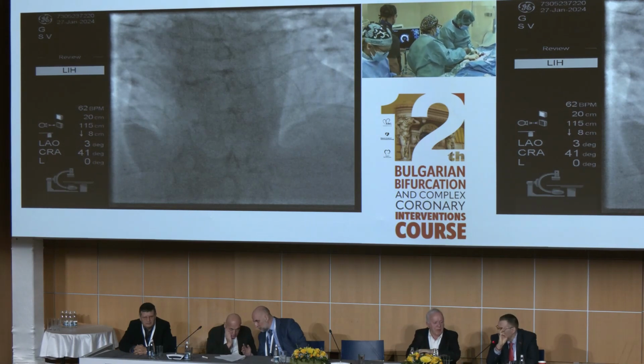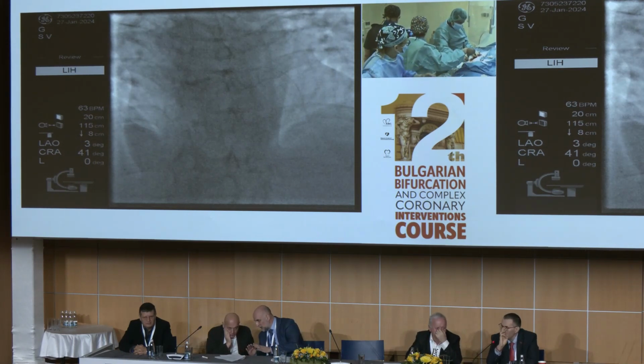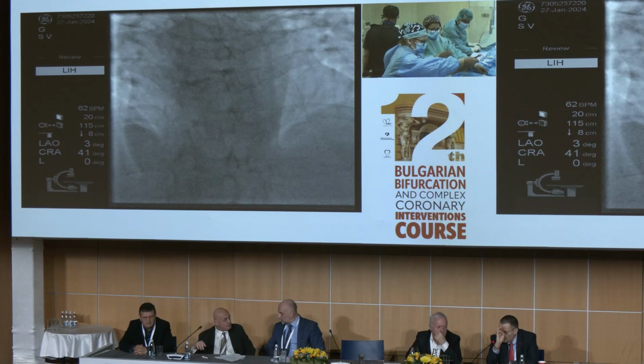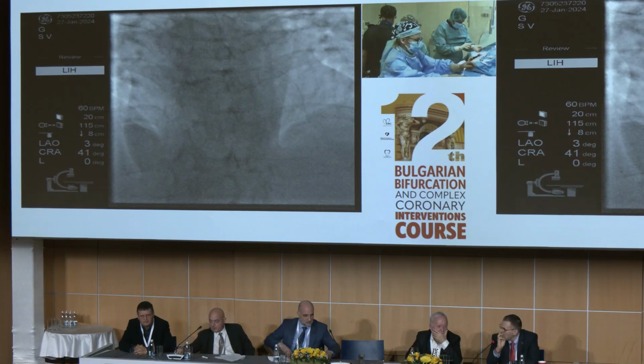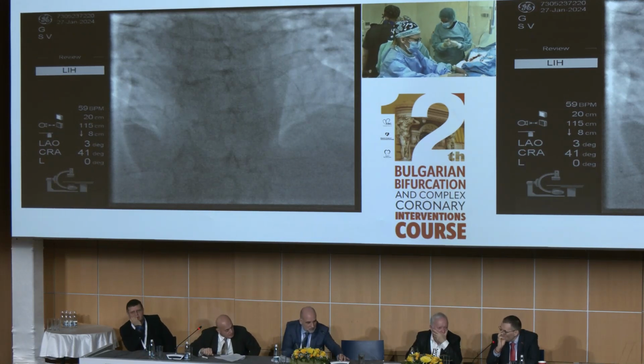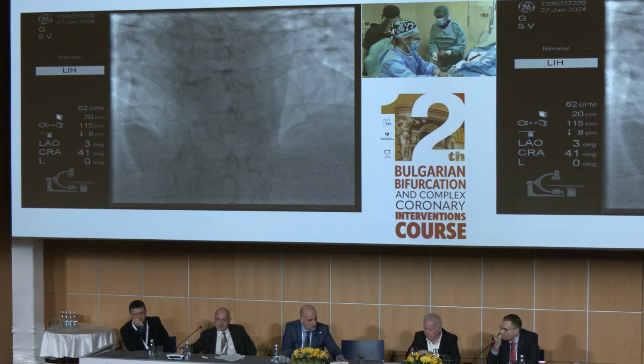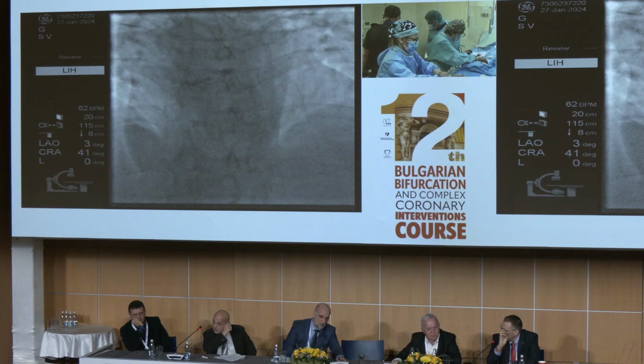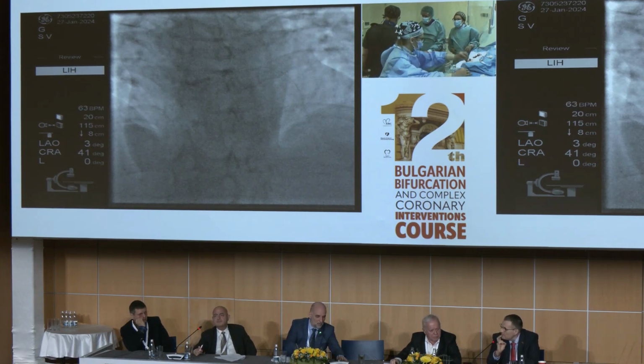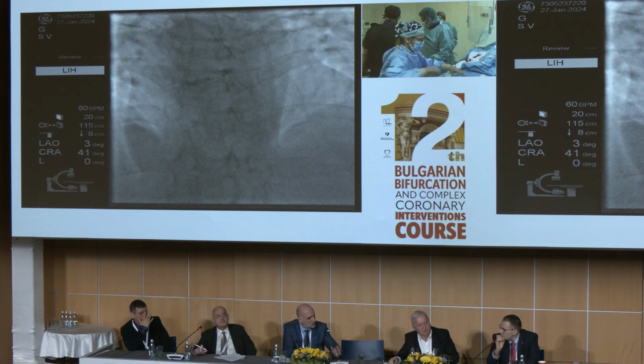What we have clearly demonstrated with this technique is that it reduces the contrast volume, because this is the POT and kissing, all the manipulation at the same time, and we significantly reduce the contrast volume, the X-ray time and the procedural time.